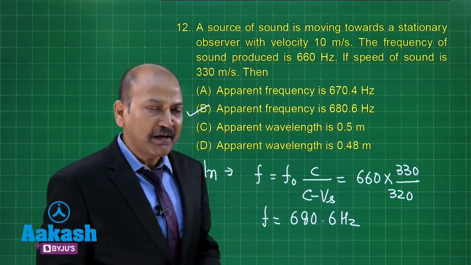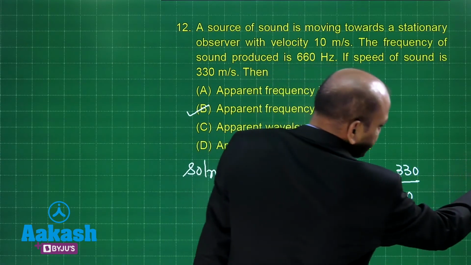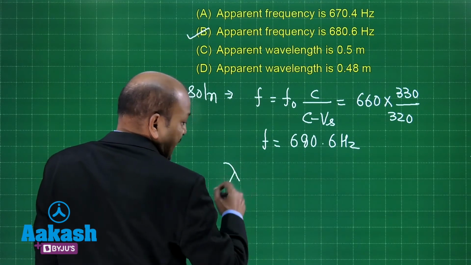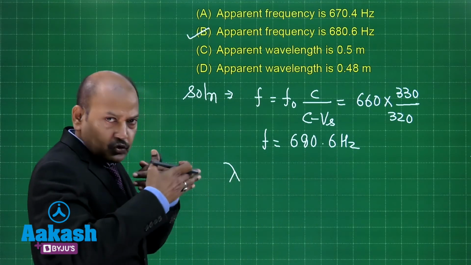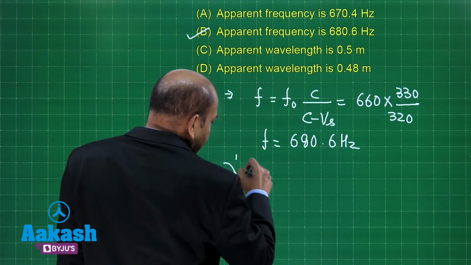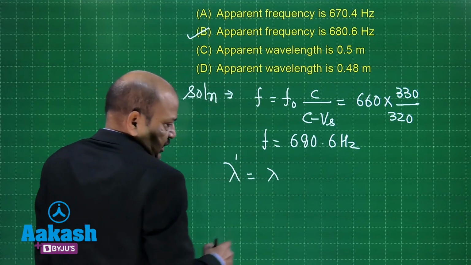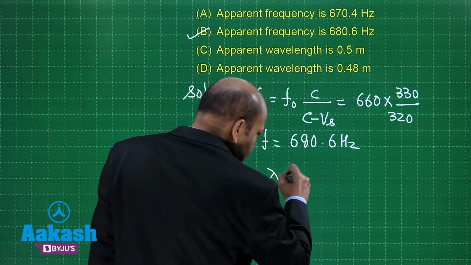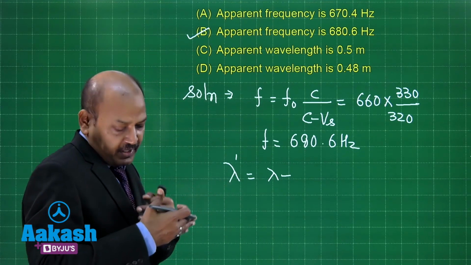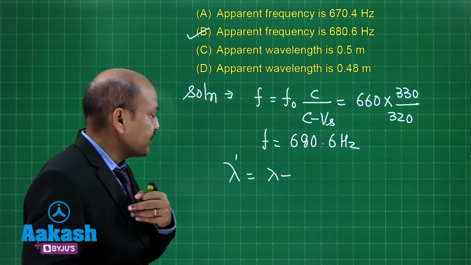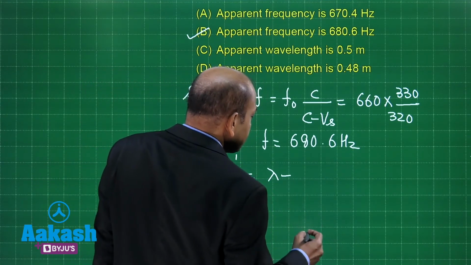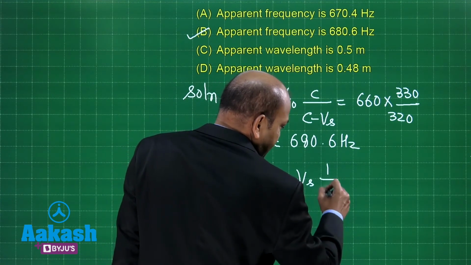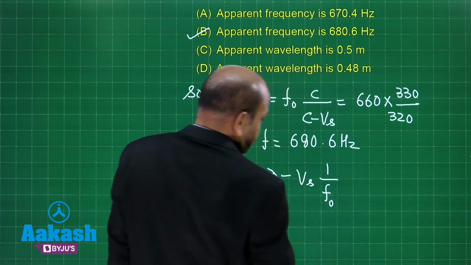What about the apparent wavelength? Because of motion of the source, the wavelength is changing, and the wavelength of the wave between the source and the observer is in fact lambda, which would be the wavelength if the source was not moving, minus the distance moved by the source in one time period. So, distance moved by the source in one time period will become Vs into time period, which is in fact 1 by the frequency F naught.